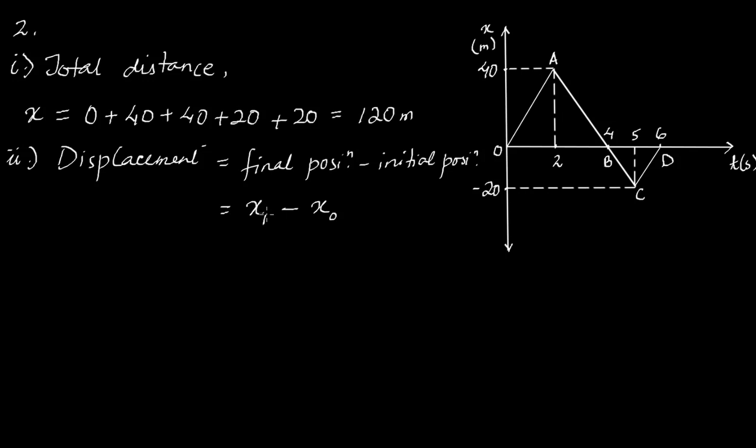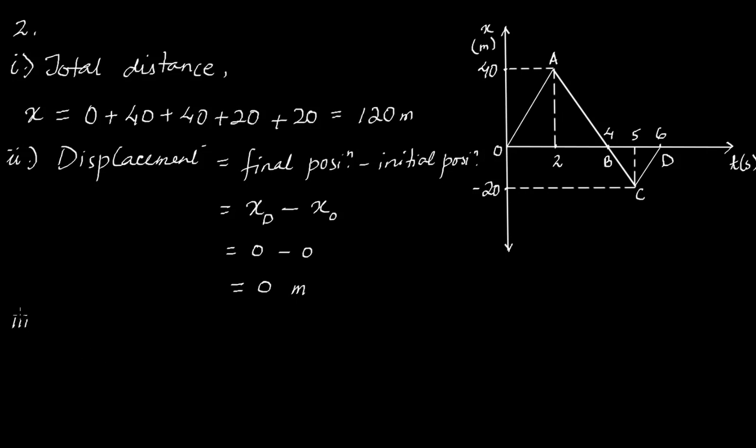Let me write this D properly. And here what is the value of X at D? At this point the value of X is 0, minus at this point the value of X is also 0. So basically the displacement is 0 meters.